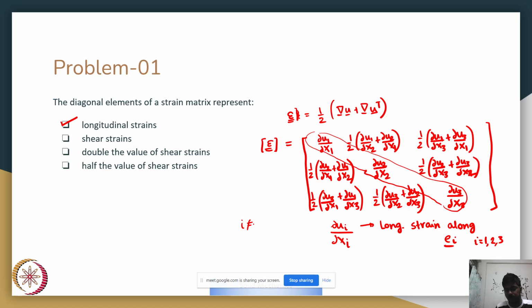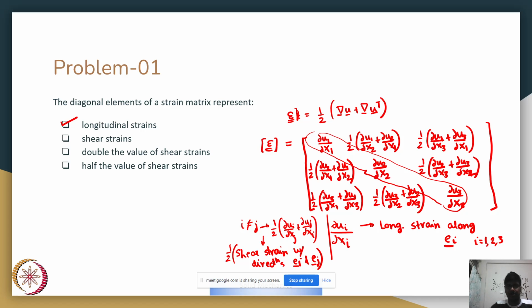So when i is not equal to j, the off diagonal terms are half of (∂ui/∂xj plus ∂uj/∂xi), which is nothing but half of the shear strain with directions along coordinate axes ei and ej. This is clear, right? Very straightforward question based on definition.